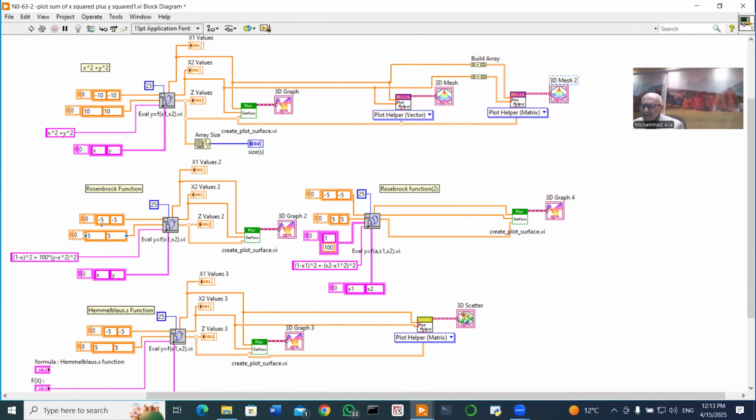So I took minus 5 and 5, which is closer to the real limits of the upper and lower values of the function, not more.